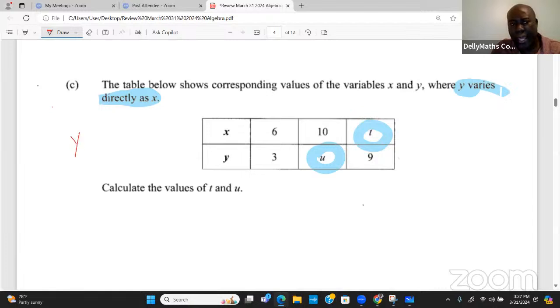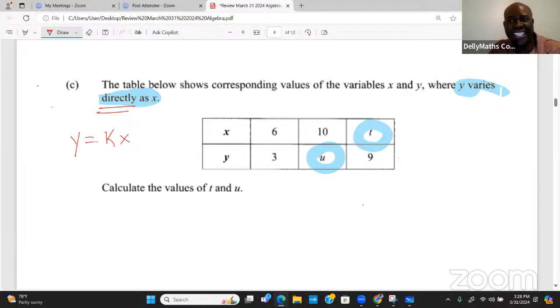It says y varies directly. So there is always what we call a constant of variation. Sometimes they will mention it, sometimes they won't. But whether or not they mention it, you must make up your constant if you're not given. So my constant is k. So it says y is equal to kx. So whenever we're doing a direct variation, the formula looks like that, where one variable is equal to the constant of variation times the other variable.